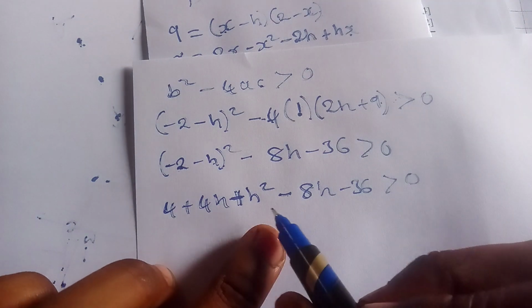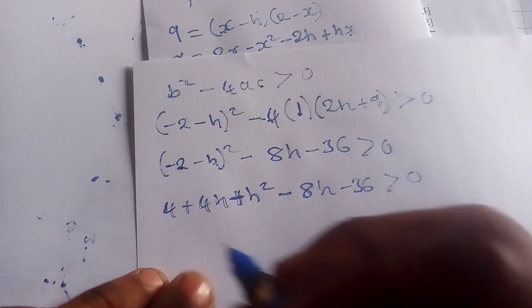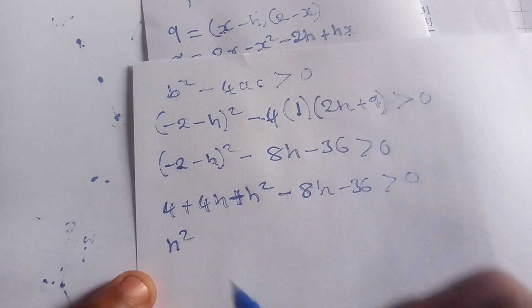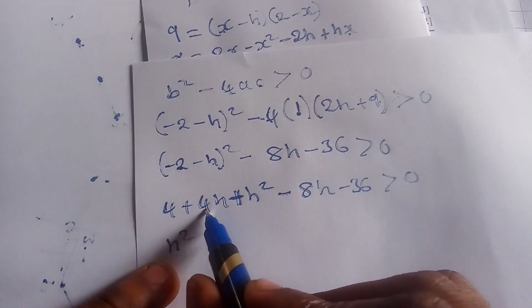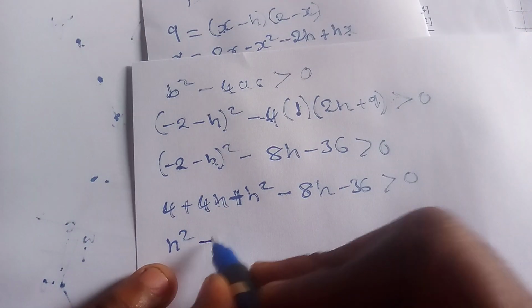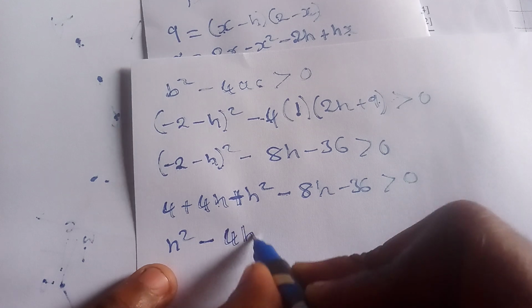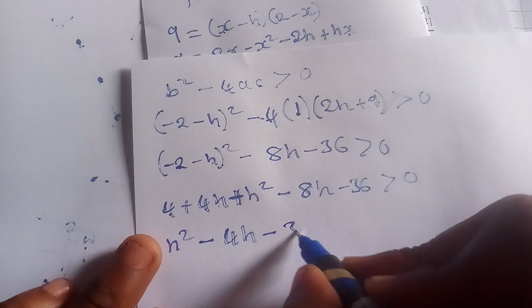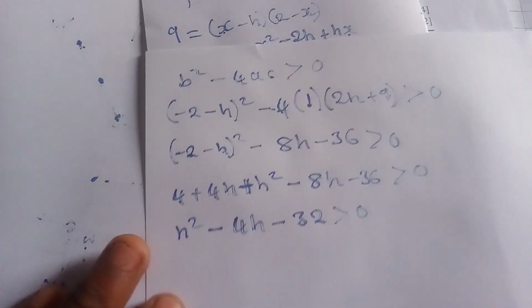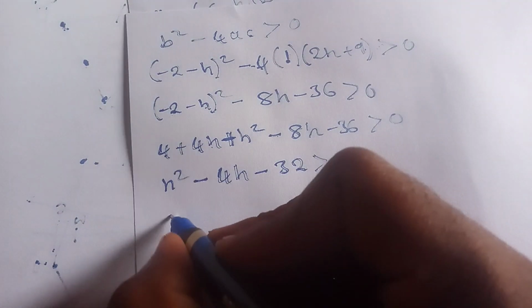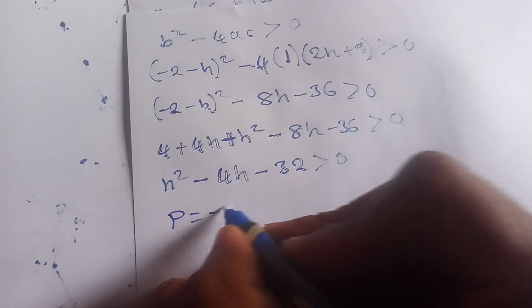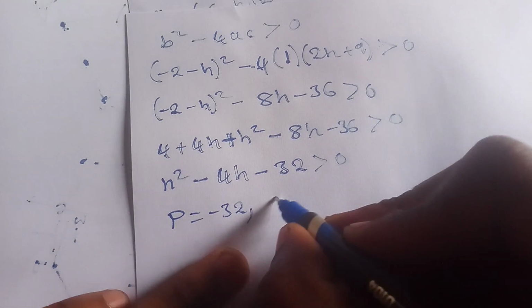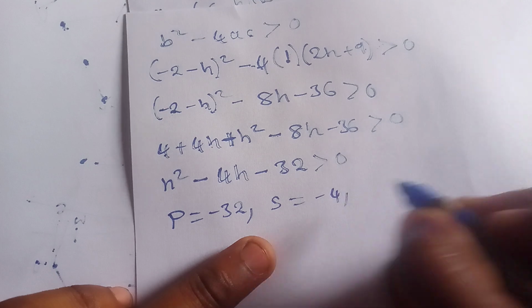And then you can put the like terms together. So you have h squared, and then 4h minus 8h, this is -4h. And then 4 minus 36, this is -32, which is greater than 0. And then the product is -32. The sum is -4.